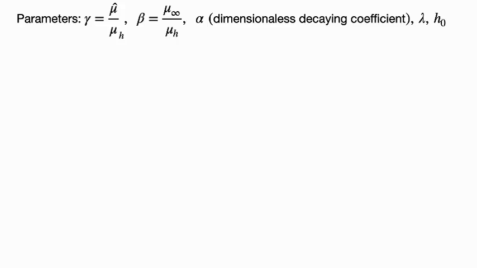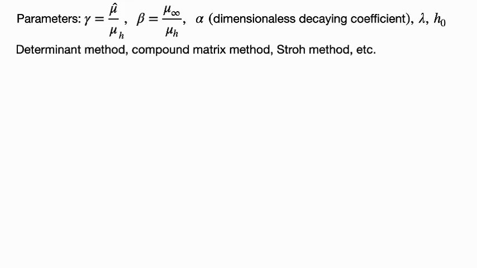And here alpha is a dimensionless decaying coefficient. It controls how fast it decays or increases exponentially. And lambda is our control parameter, a compression, a stretch. H0 is the thickness of the film. And we can use the determinant method, compound matrix method, shooting method, etc. to solve the eigenvalue problem numerically.